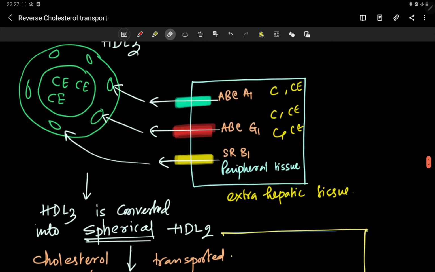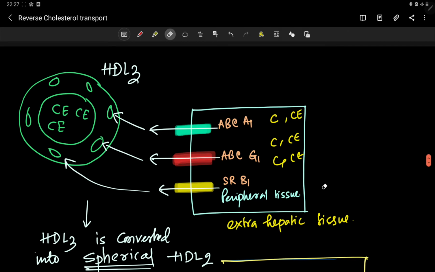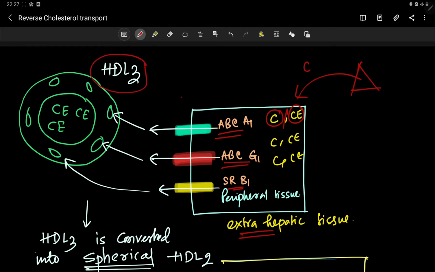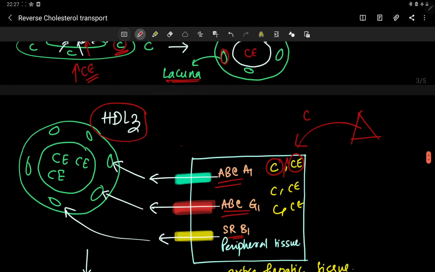So initially your liver transfers cholesterol to extrahepatic tissue, and extrahepatic tissue stores this cholesterol. Now extrahepatic tissue mobilizes its stored cholesterol as well as cholesterol ester through these 3 transporters into the lacuna of HDL3.